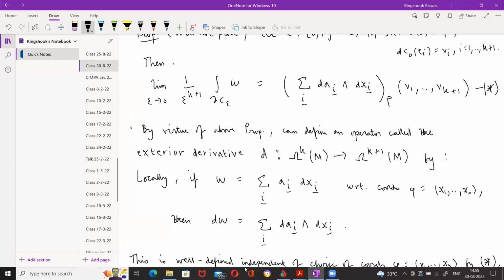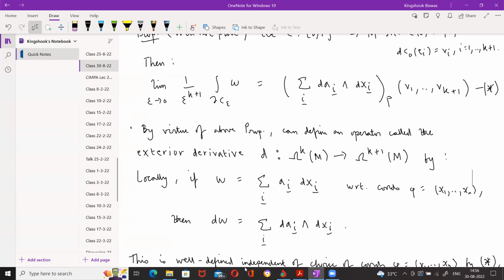The point is this left hand side is independent of any choice of coordinates. I'm not using any coordinates to define the left hand side. Is that clear? Therefore, the exterior derivative is well defined, independent of the choice of coordinates. It equals the left hand side, which is independent of any choice of coordinates.